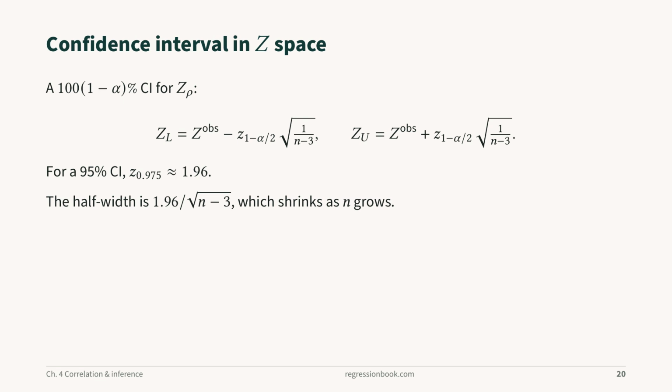Lower and upper endpoints equal the observed z minus and plus the normal critical value times the square root of 1 over n minus 3. At 95%, the critical value is 1.96, and the half-width shrinks with the square root of the sample size as it should.